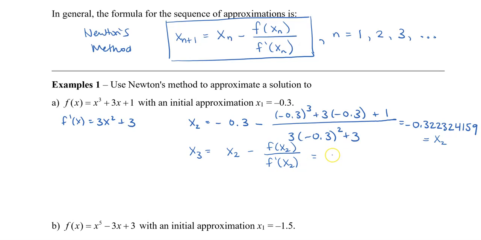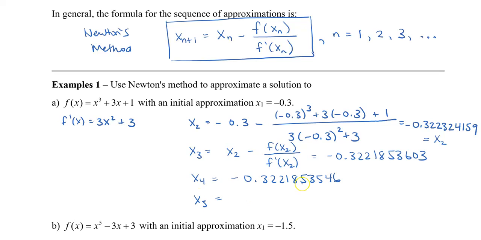Now when you do this, you get negative 0.32218533603. Excuse me. And you keep continuing this, and you get x sub 4, which is negative 0.32218533546.